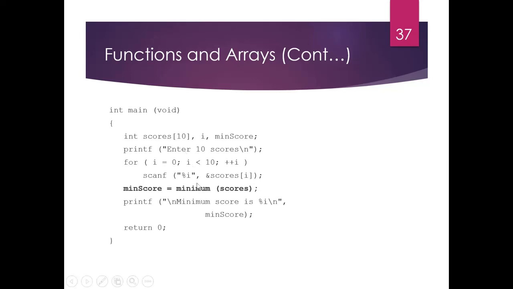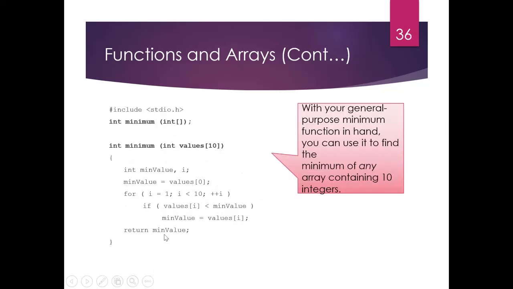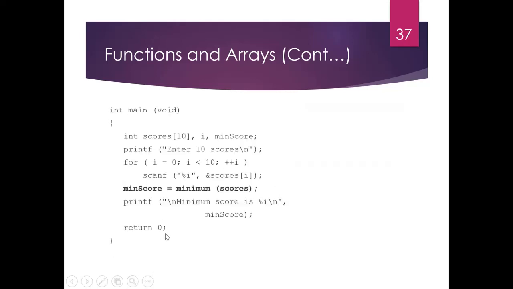You can just write the name of the array, scores. This is the way of passing the scores array as a parameter into the minimum function. Finally it prints the minimum score is min score. Here min score equals the return value of this function. What is the return value? It returns the min value. Okay.